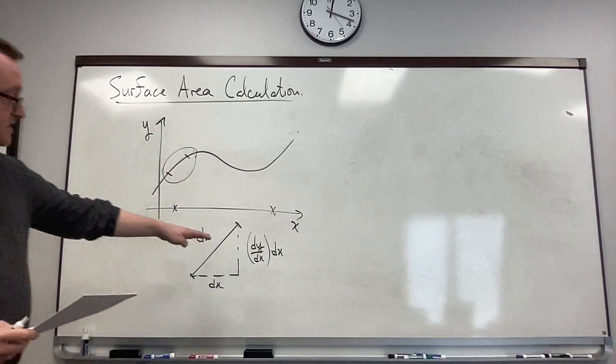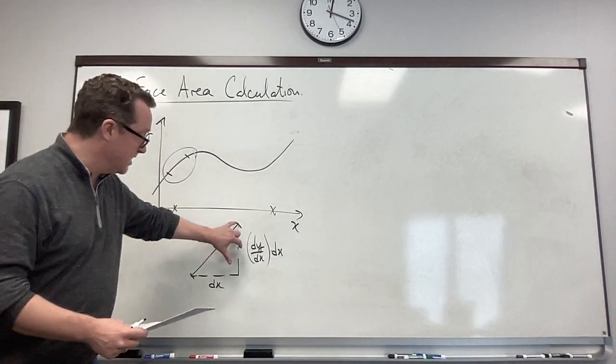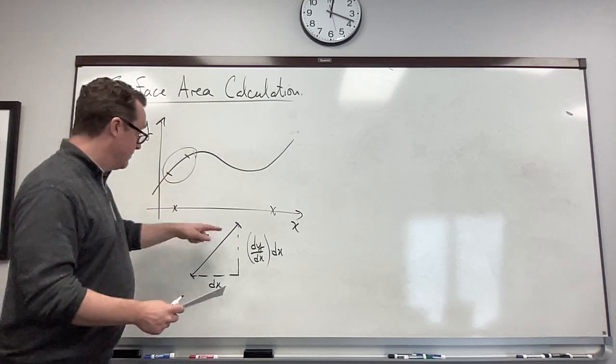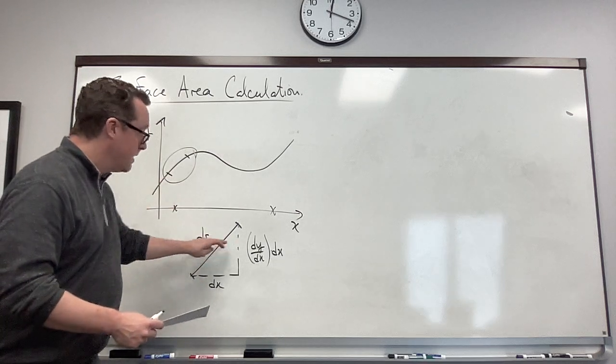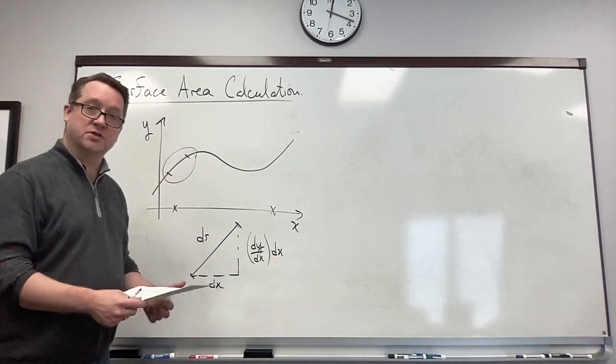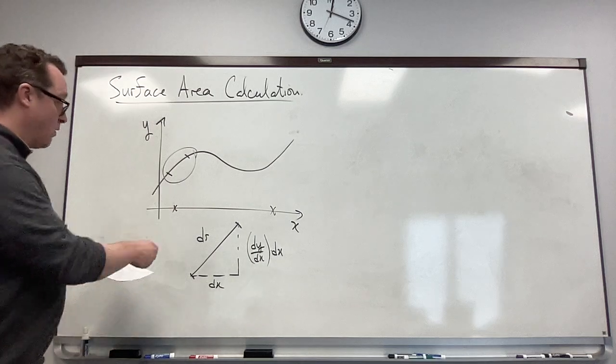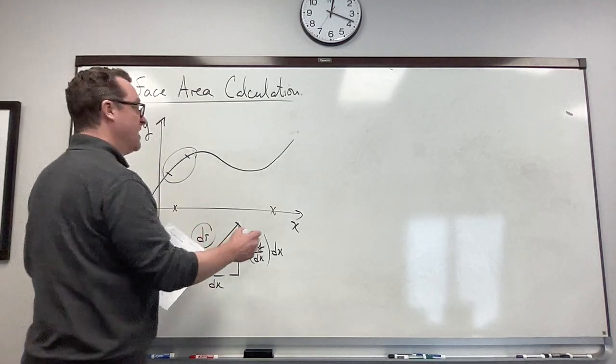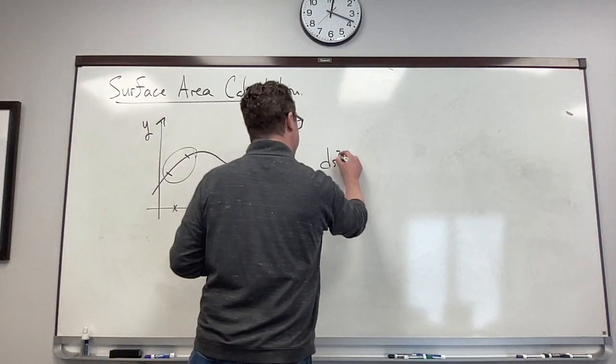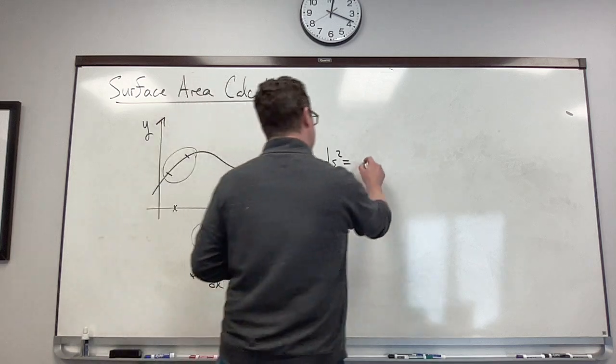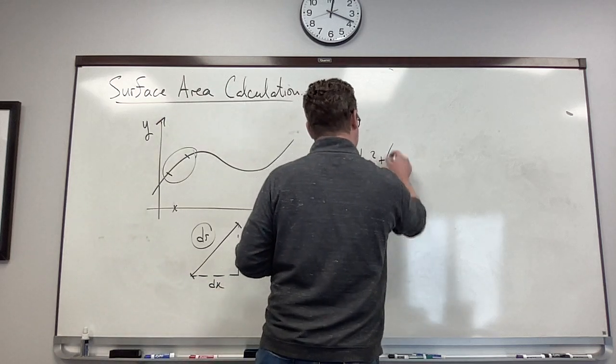That's the step dy. So dy equals the derivative of the function at this point multiplied by the step size in the horizontal direction. So if I wanted to calculate ds, I'd say ds squared would be dx squared plus dy squared for now.